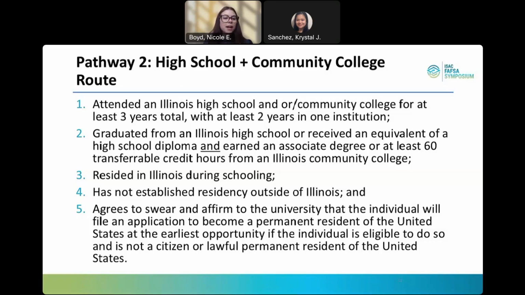And then like we saw in Pathway 1, they have to have not established residency outside of the state of Illinois. And it's the same as Pathway 1: they agree to swear and affirm to the university that they will file an application to become a permanent resident of the United States at the earliest opportunity that they are eligible to do so. And of course, they are not currently a citizen or lawful permanent resident of the United States.